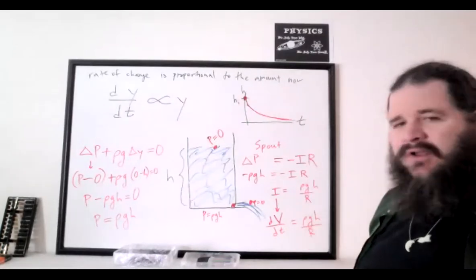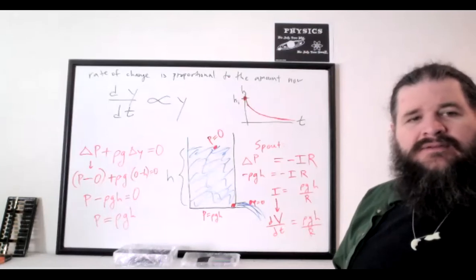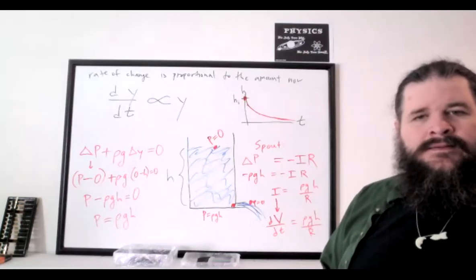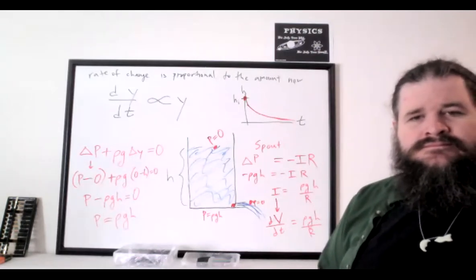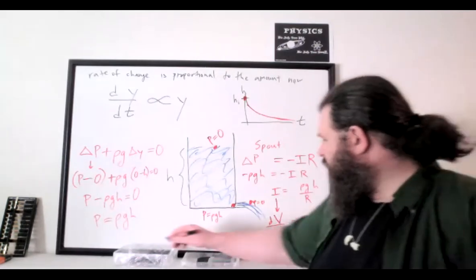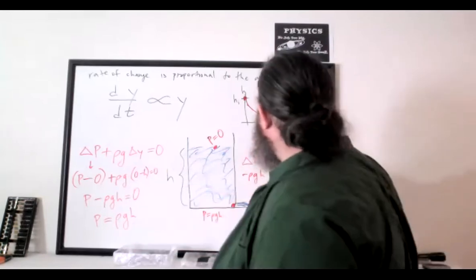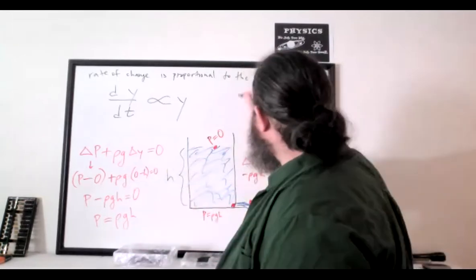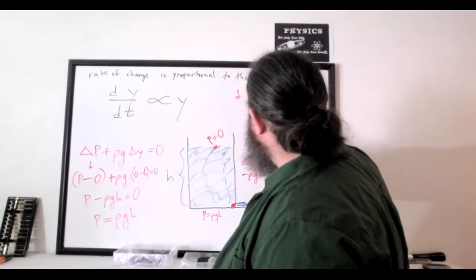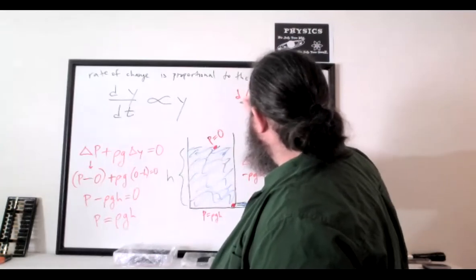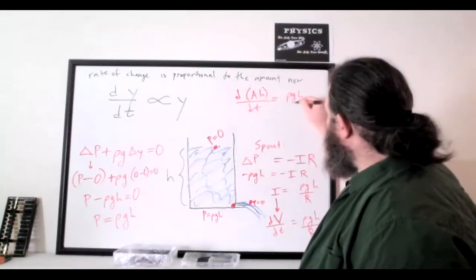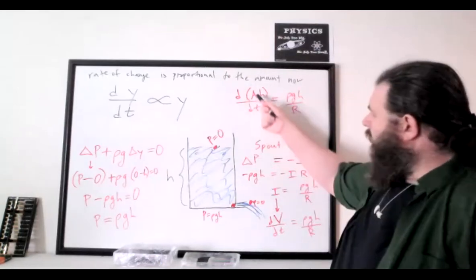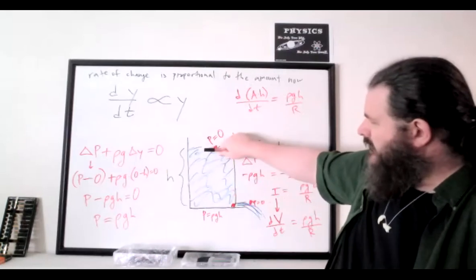Because how do we define volume in the first place? Or how do you calculate the amount of volume? Yeah, volume can be written as area times height. So we have d(area times height)/dt equals rho gh over R. And is the area changing as the height decreases?